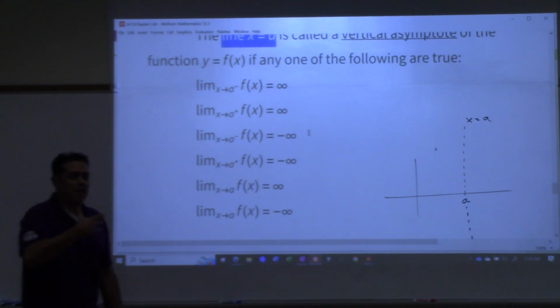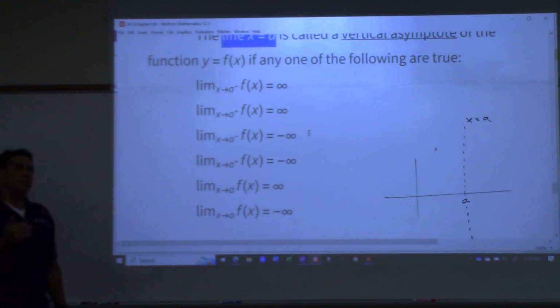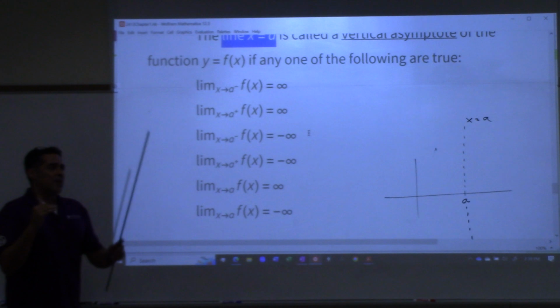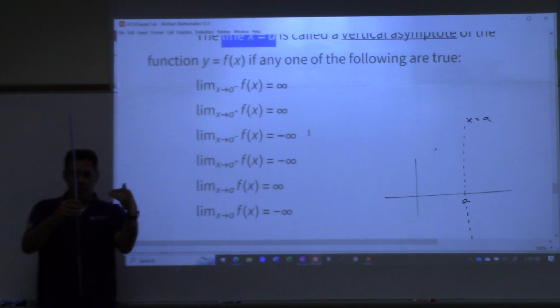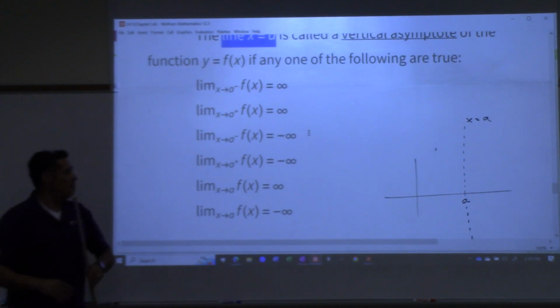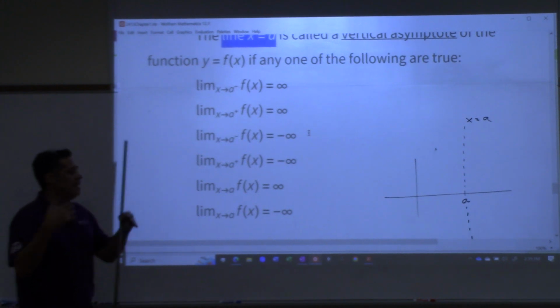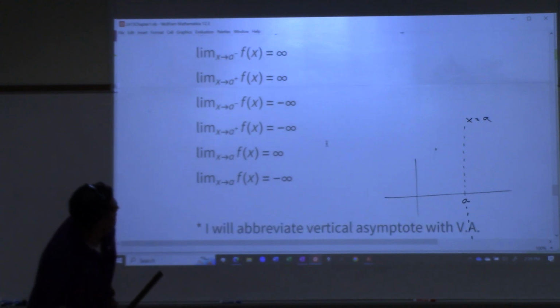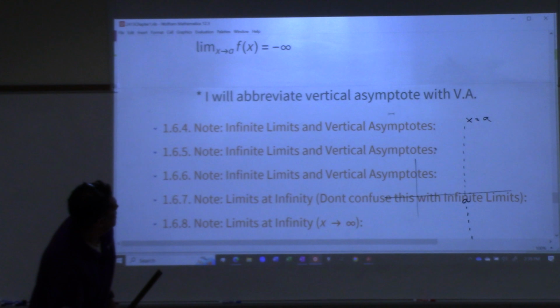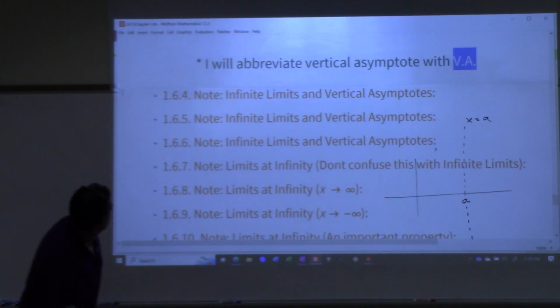So the new definition is just that we've got some line where, when we come in from one side, it only requires one side. If at least from one side we get infinity or negative infinity, then we have a vertical asymptote. I will abbreviate vertical asymptote with a V and an A instead of writing it over and over.